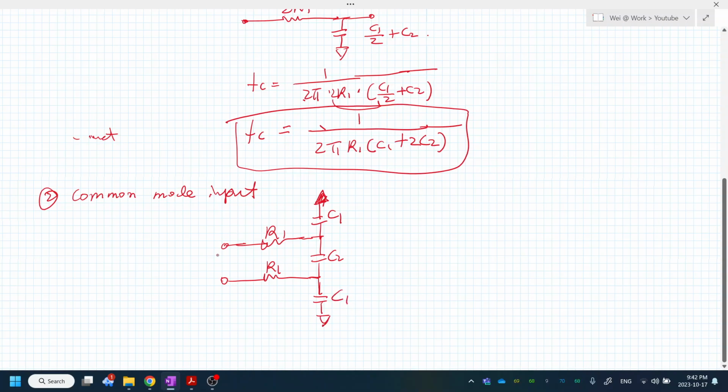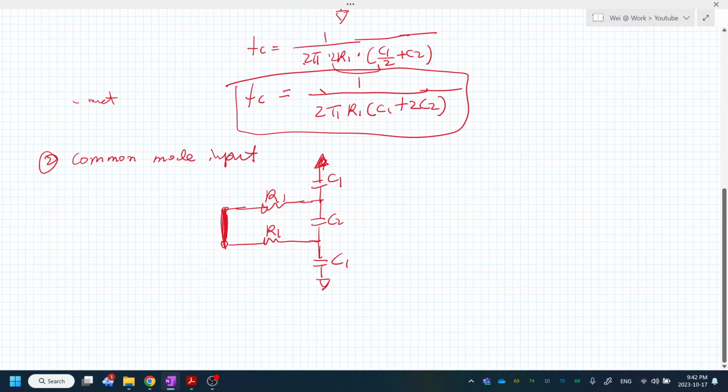So the common mode voltage is equivalent to these two inputs being shorted together, and so the common mode signal will flow into this shorted structure here, then go out through the ground.